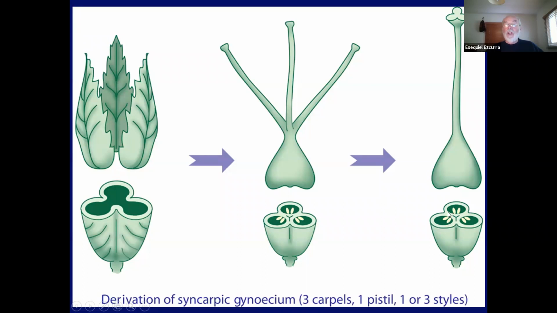And if you look at the stigma on top, you will often see that the stigma has 3 lobes that are quite distinctive in most cases. So this is a gynoecium formed by 3 fused carpels, and 1 pistil, with, in this case, 3 styles, but most commonly with 1 fused style also.